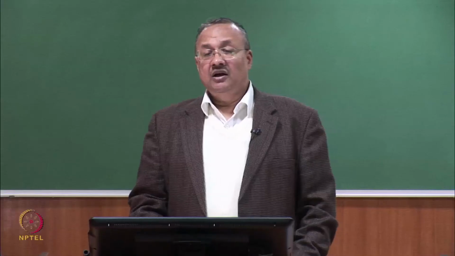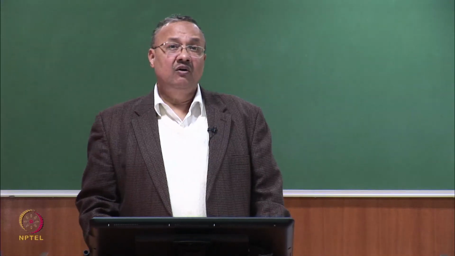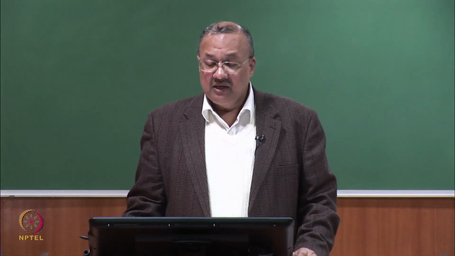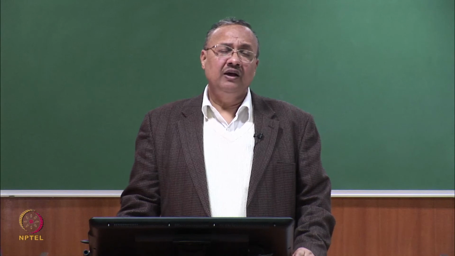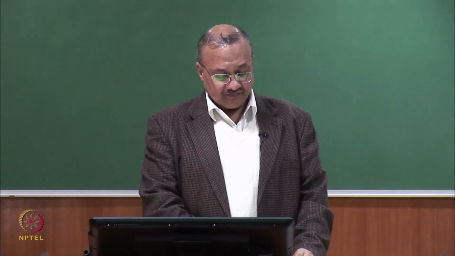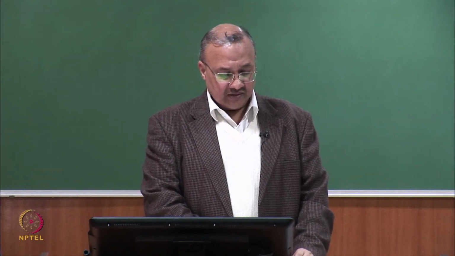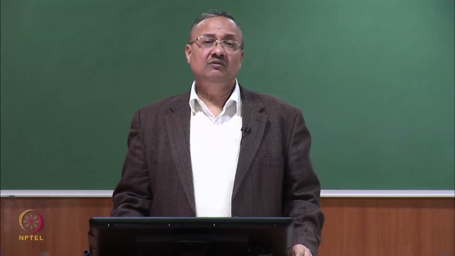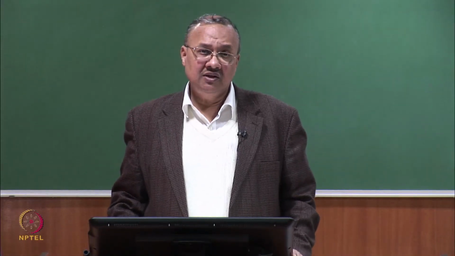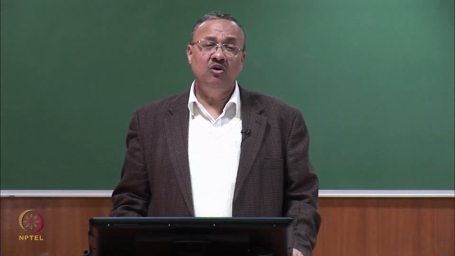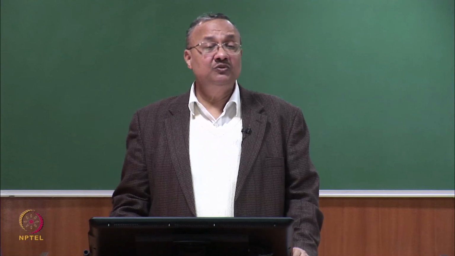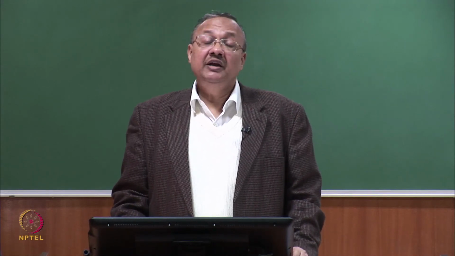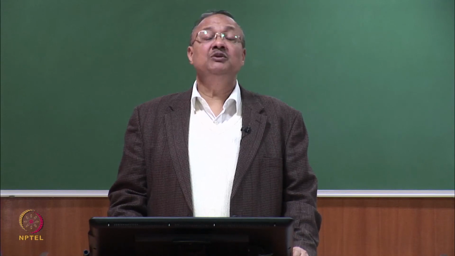So, we are coming to the end of this module as well, and I just want to remind you that this technique can be used for finding various chemical elements which are present, that is bonds or functional groups which are present in a molecule, and it can also talk about the interaction between two molecules.